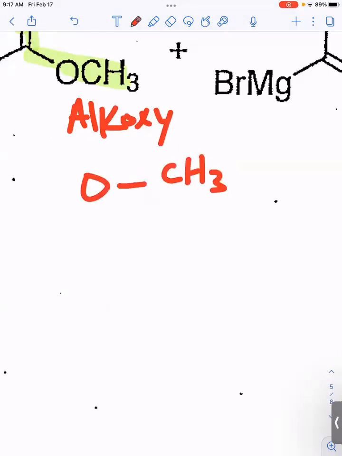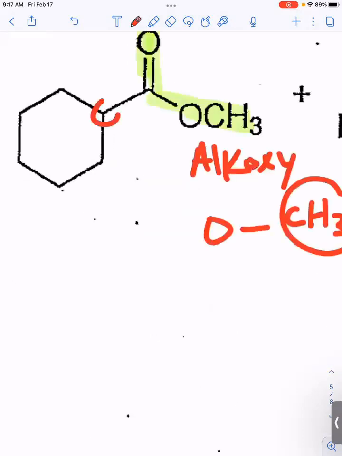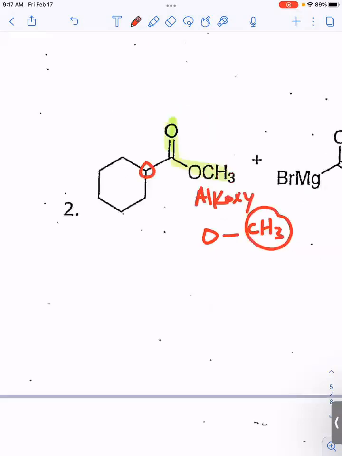The alk part is the carbon-containing group. So that's why we call it an alkoxy. And then on the other side, you just have a bond to carbon. That's what distinguishes an ester from a ketone, from an aldehyde, from an amide, from a thioester, from a carboxylic acid, all your different carbonyl-containing functional groups. They all have different substituents attached to the carbonyl group.